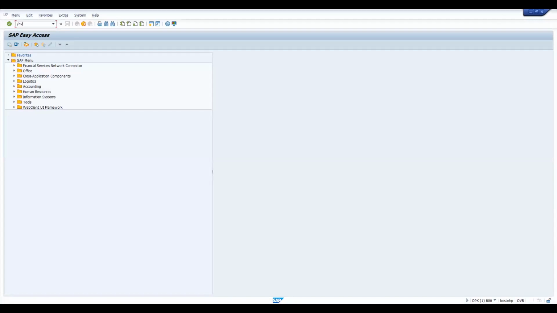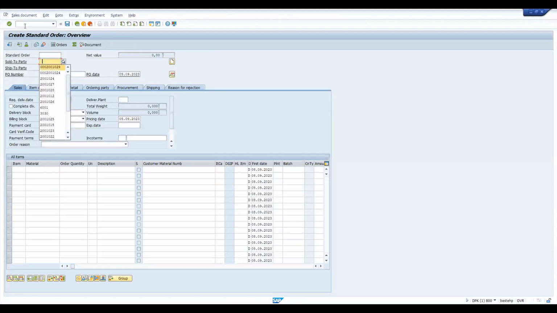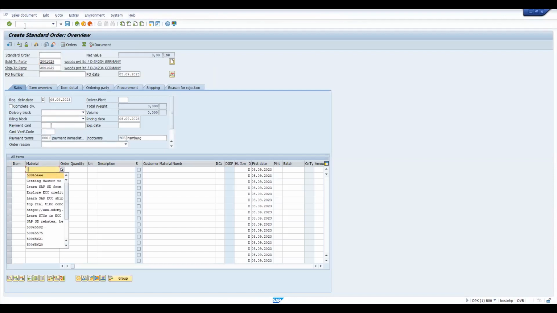Now let's create a sales order. If you look at this, the unit of measurement by default is coming as pieces. So what is the understanding here? If you don't maintain sales unit of measurement, it will pick the base unit of measurement.